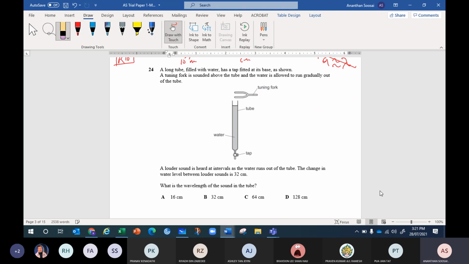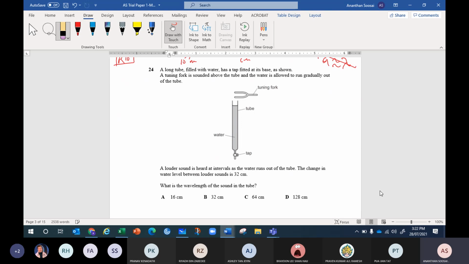A long tube filled with water has a tap fitted at its base as shown. The tuning fork is sounded above the tube and the water is allowed to run gradually out of the tube. So the water level is dropping. A louder sound is heard at intervals as the water runs out of the tube.